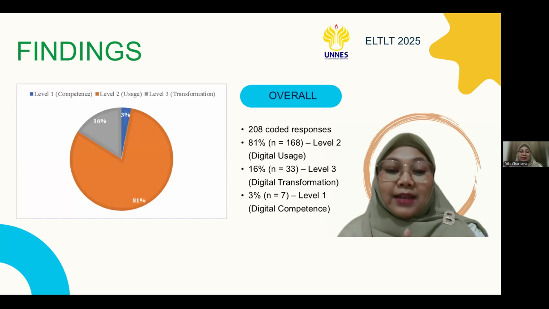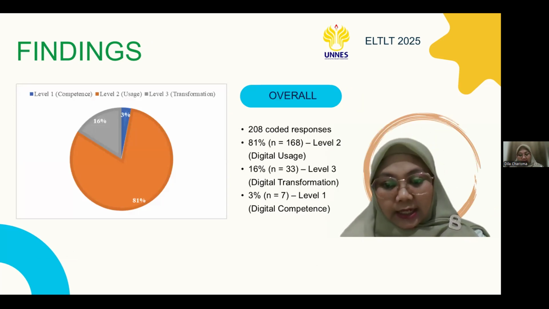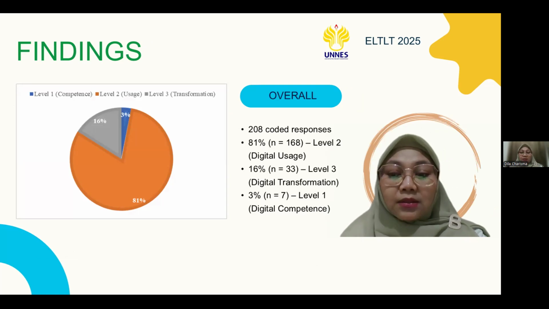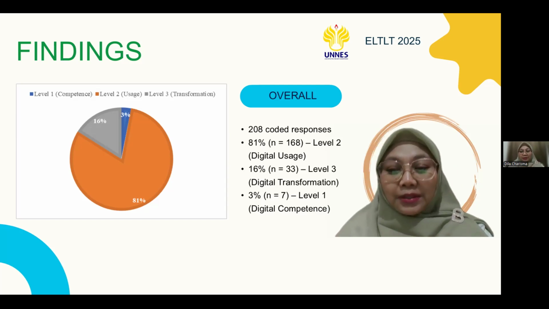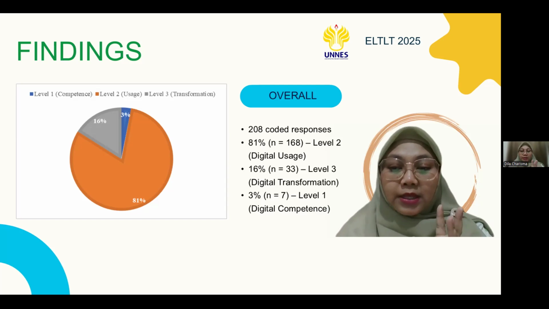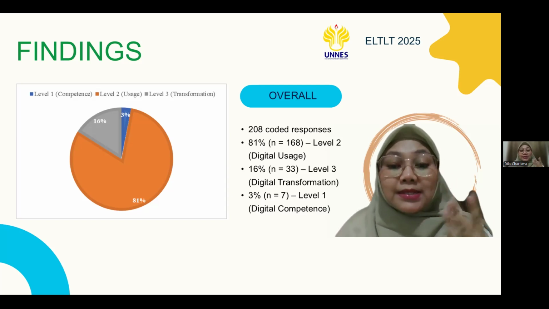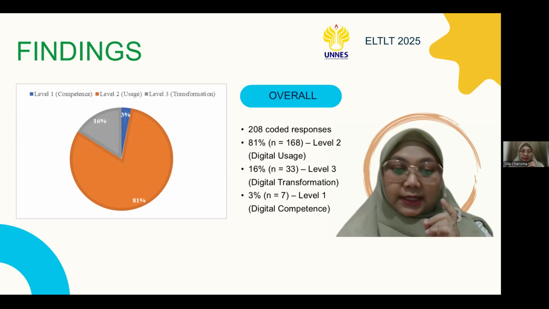The overall findings, when we combined all data sources: we analyzed 208 coded responses. The distribution was as follows. 81% of responses fell into level 2, or digital usage. 16% reached level 3 or digital transformation, and only 3% remained at level 1 or digital competence.